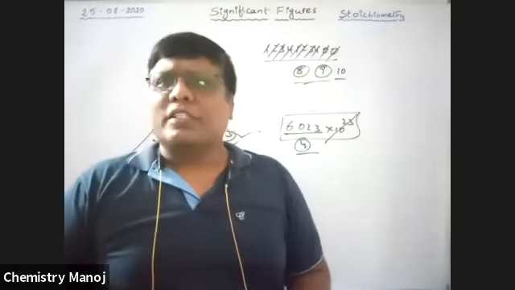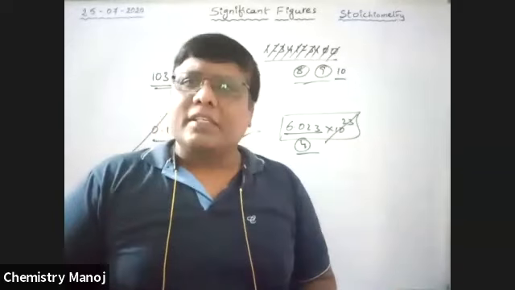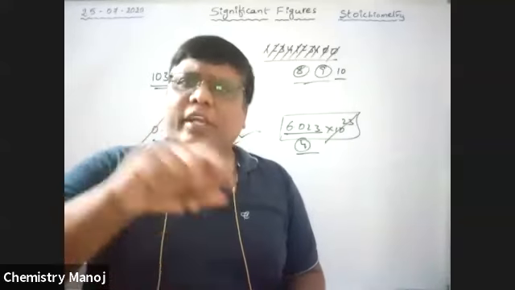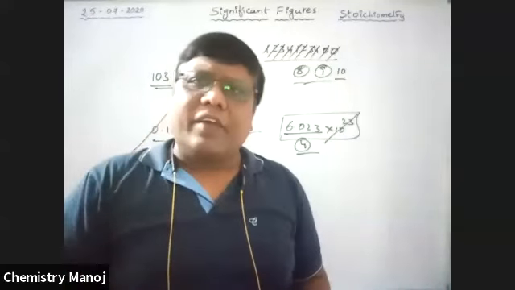My topic now is rounding off. How do we write a value after rounding off?